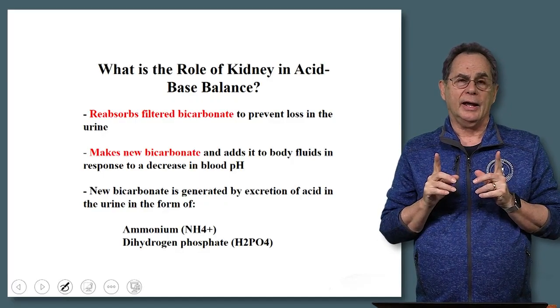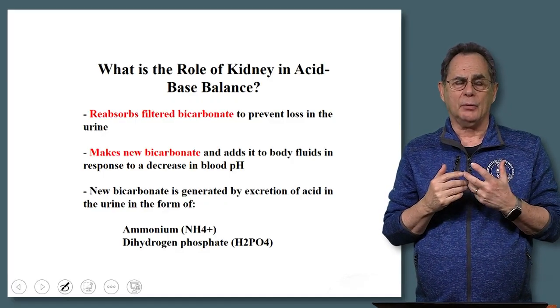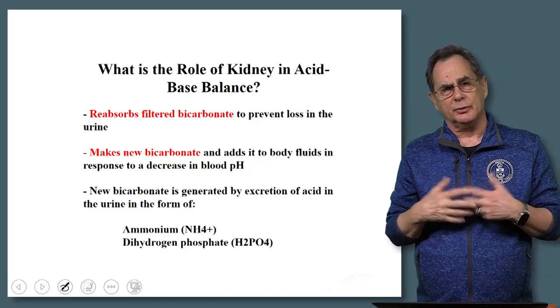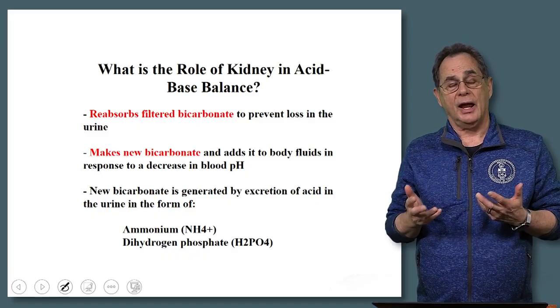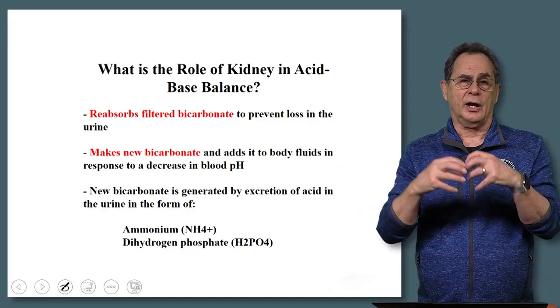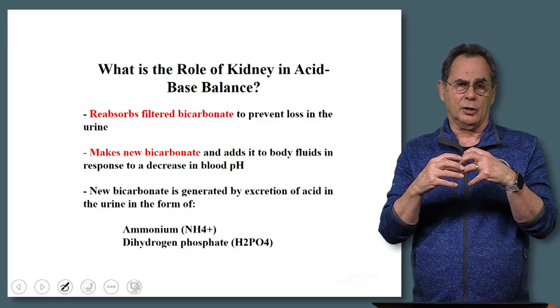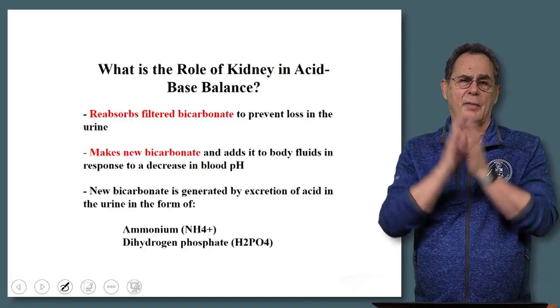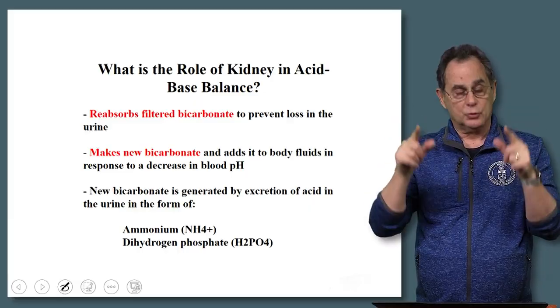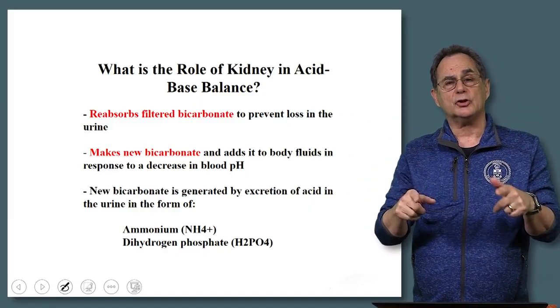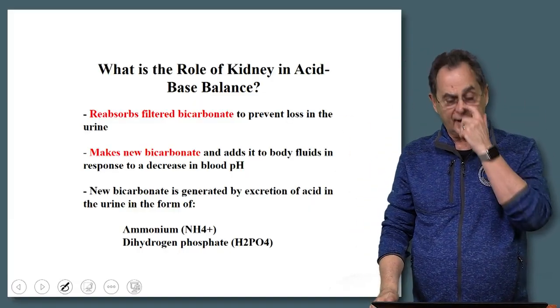Now, if we didn't reabsorb that, then we'd rapidly deplete our entire buffer base. And that means that any hydrogen ion added to our body fluid compartments would cause a much more dramatic increase in hydrogen ion concentration, or said alternatively, a much greater fall in the pH.